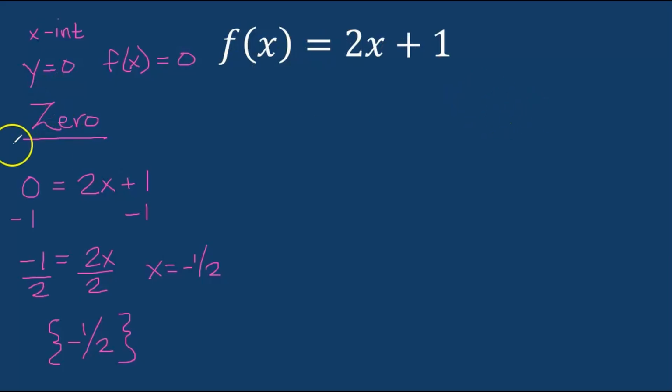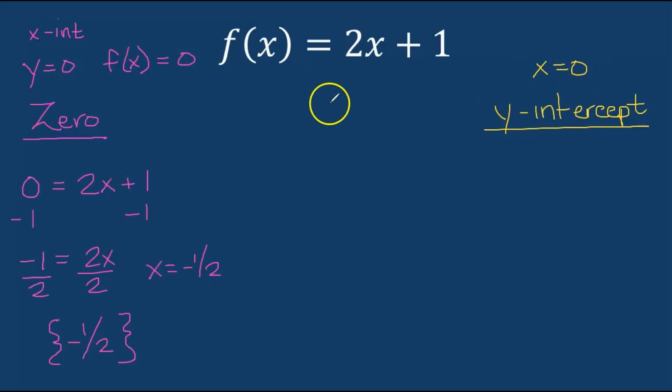Now let's talk about y-intercept. Y-intercept is where it crosses the y-axis. Remember that it crosses the y-axis when x is equal to 0. A good way you can remember these is that they're opposite of each other. So we're actually going to evaluate this by plugging 0 into our function everywhere that we see an x.